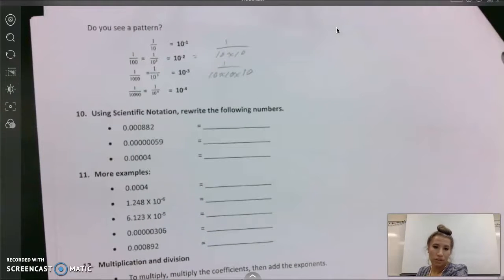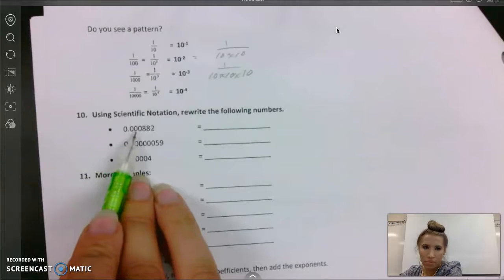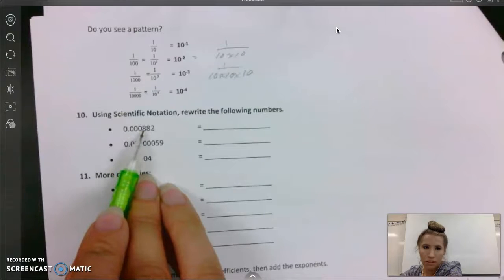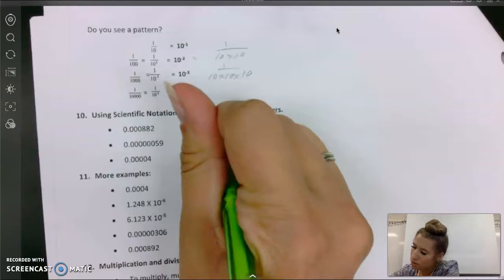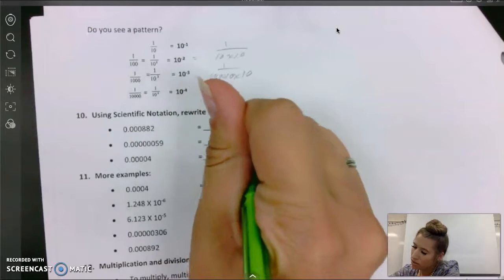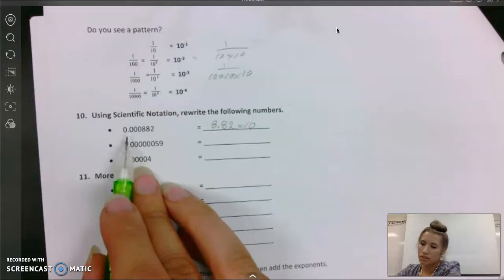Use scientific notation. Rewrite the following numbers using scientific notation. Okay, so start with your coefficient. It needs to be a value between 1 and 10. And so here when I look at this value, if I'm moving my decimal place, I would stop here, so I have 8.82 times 10, and then how many decimal places did I move it?